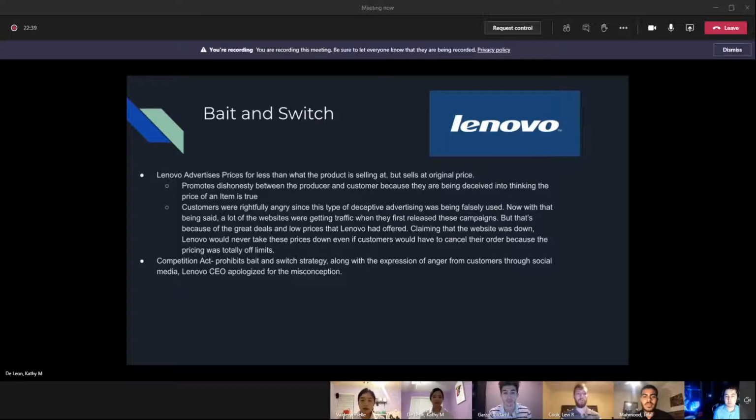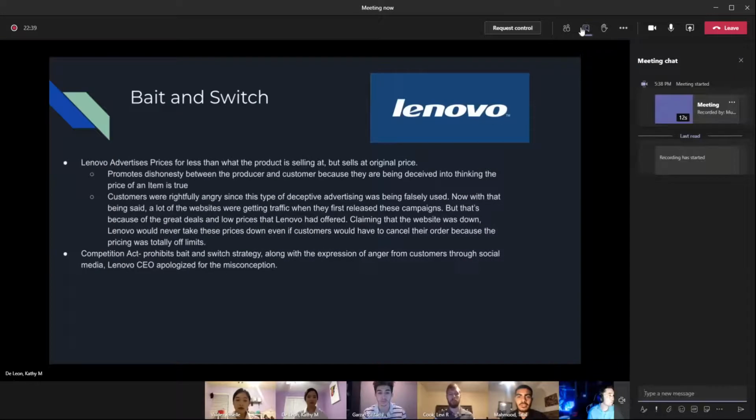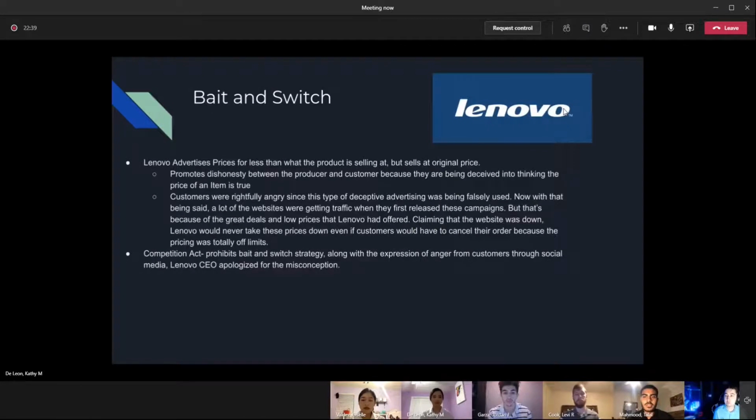In that case, that wasn't true, and this caused a lot of heat between the consumers and Lenovo because they thought that the advertising was being falsely used. Their most recent purpose was to go on websites and try to drive traffic online so that they could bring in more and more ads, and then persuade even the investors that their balance sheets were strong and that they were being equally paid with dividends.